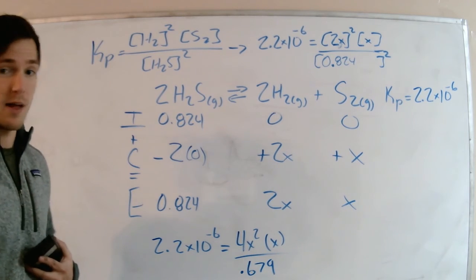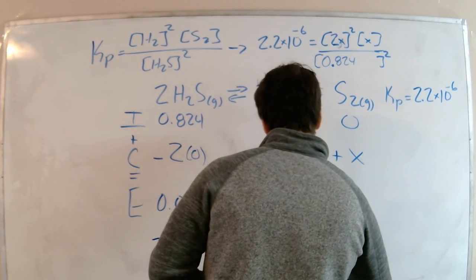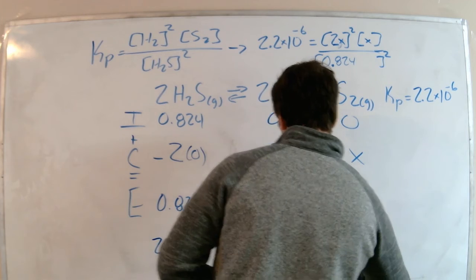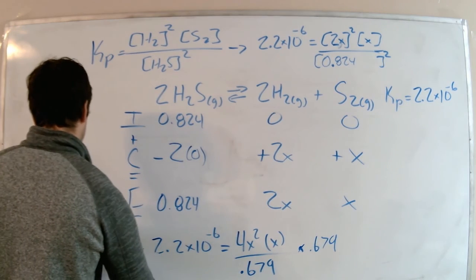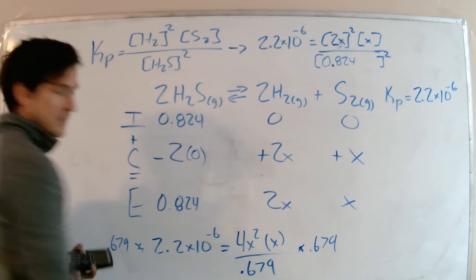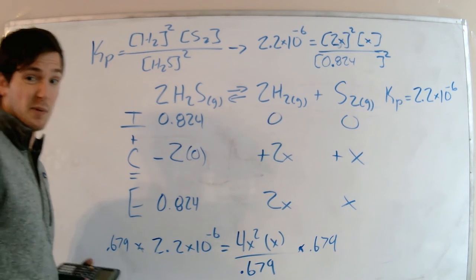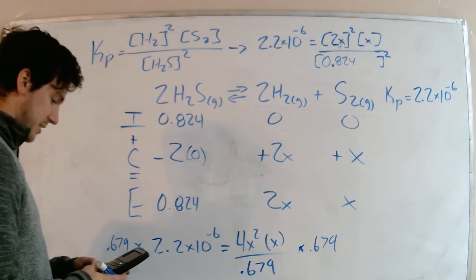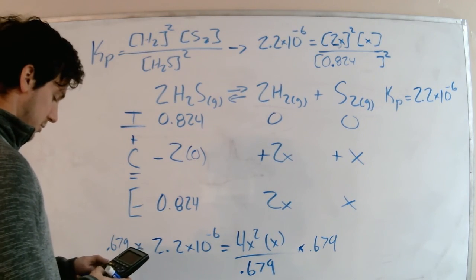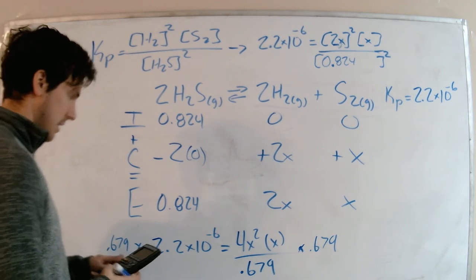Let's go ahead and multiply on both sides, right? Times 0.679. I'll have a little bit of room over there, so let's do 0.679 times 2.2 e to the negative 6th.